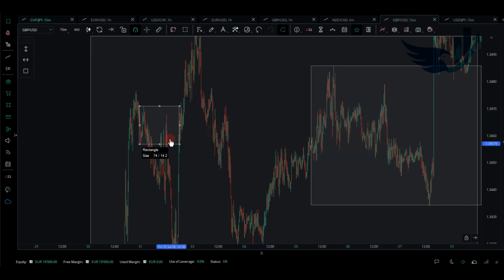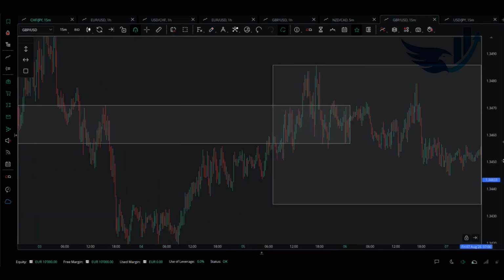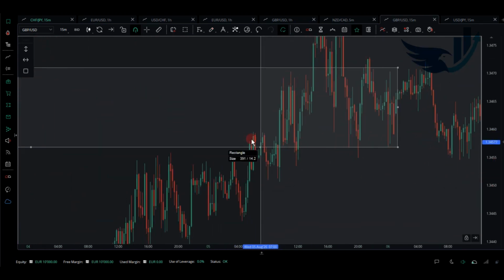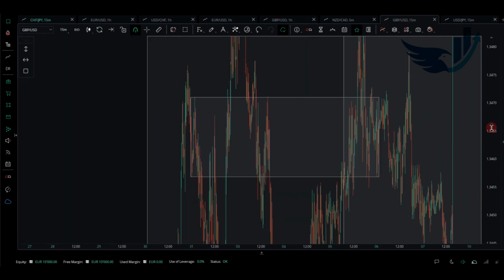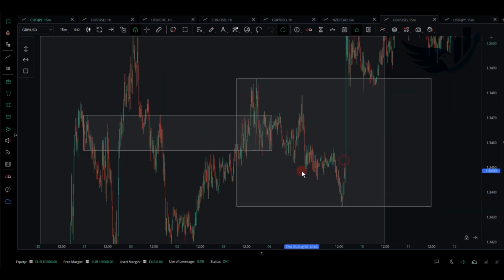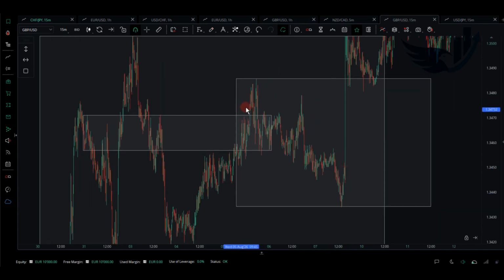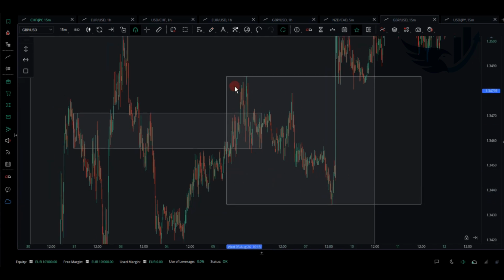Also, if you extend your box, and if you want to take the first and the second touch, we have a minor and major move. So after breaking the holder kink, the price goes down all the way and it ends right here, and it gives us the bigger box instead of just the first and the second touch.